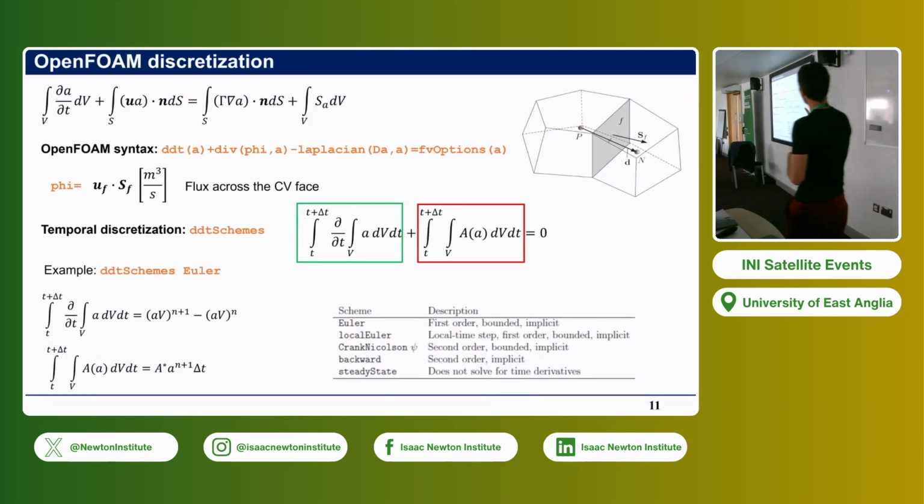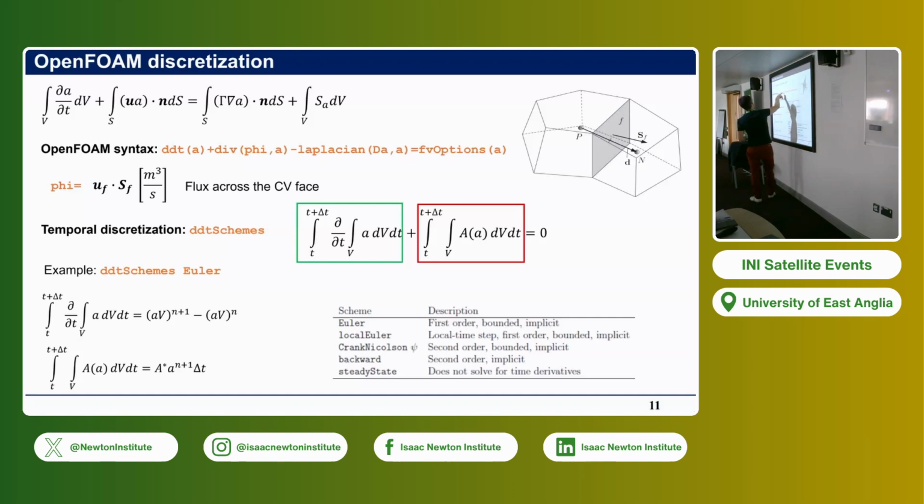Now, it is useful to know that this general equation has a specific syntax in OpenFOAM. That equation is solved by OpenFOAM by typing ddt of A, the temporal derivative of A. A can be rho U when you have the momentum, it can be rho Cp T when you have energy, it can be rho when you have the continuity equation.